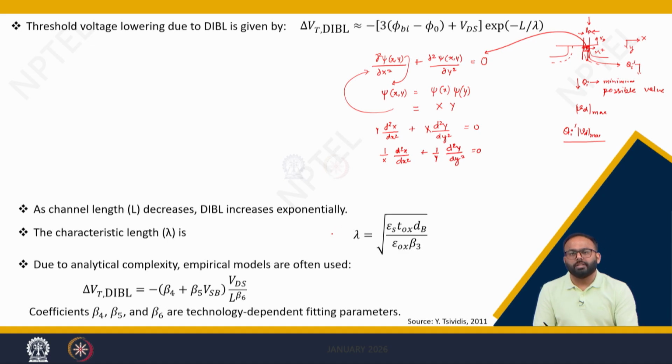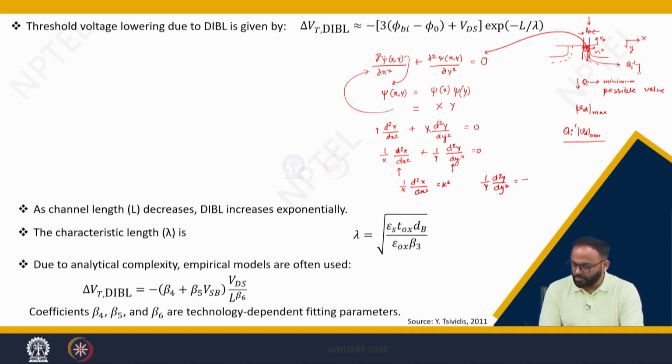This differential equation can only be solved when these two terms are equal to constants, meaning 1 over X d square X divided by dx square is equal to, let us say, k square, and 1 over Y d square Y divided by dy square is equal to minus k square. We have already done this kind of analysis for CLM, or channel length modulation.